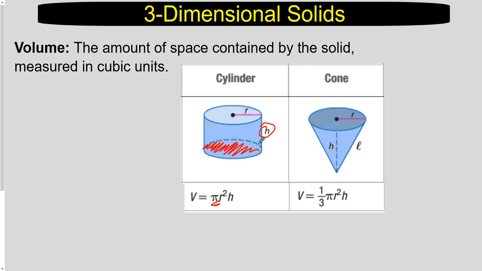So if you make a cylinder into a cone by connecting these sides instead, the volume contained by that cone is 1/3 the volume contained by the cylinder, which is kind of interesting. Otherwise, it's the same formula, pi r squared h, but then times 1/3.